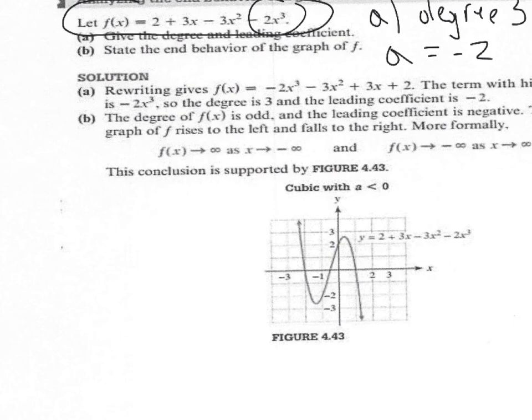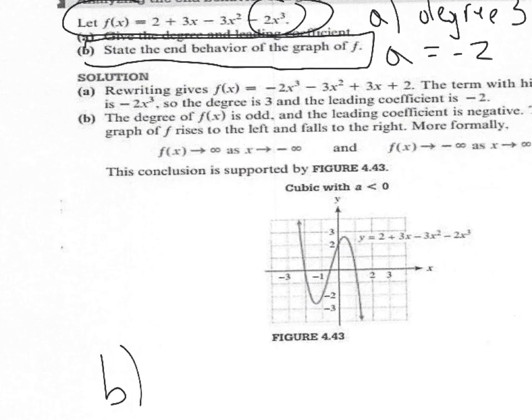Okay. Now, part B is very interesting, and it's new to you, so you probably are confused. What do I mean by state the end behavior of the graph? End behavior, what does this mean?